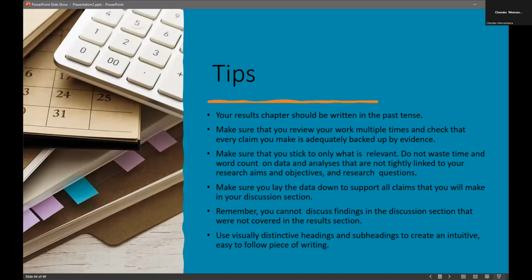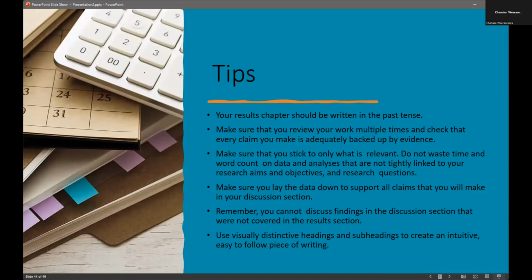So make sure everything you need, you present in the results section, right? You cannot discuss findings in the discussion section that were not covered in the results section, so you have to understand that. We discuss the findings in the discussion, not in the results section.